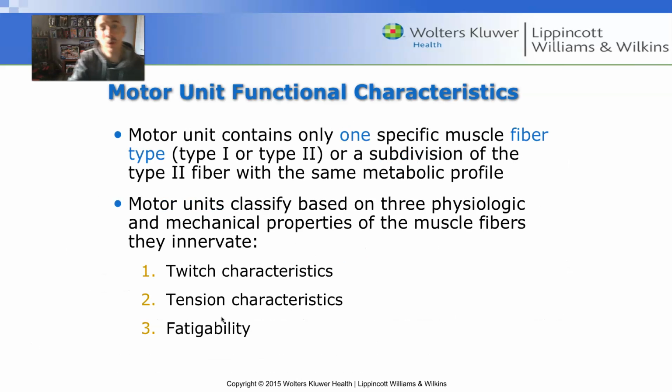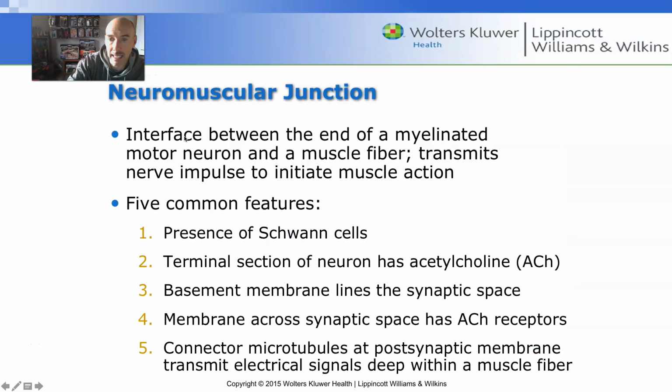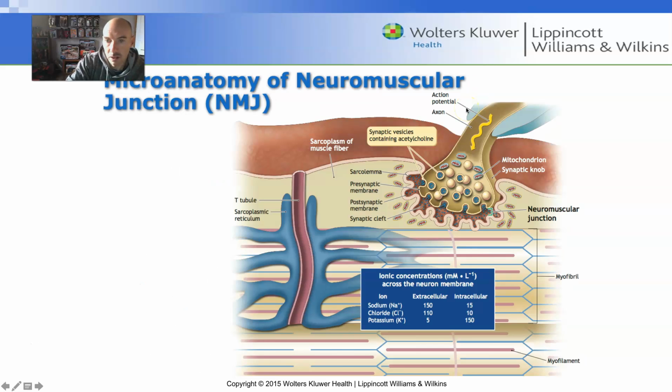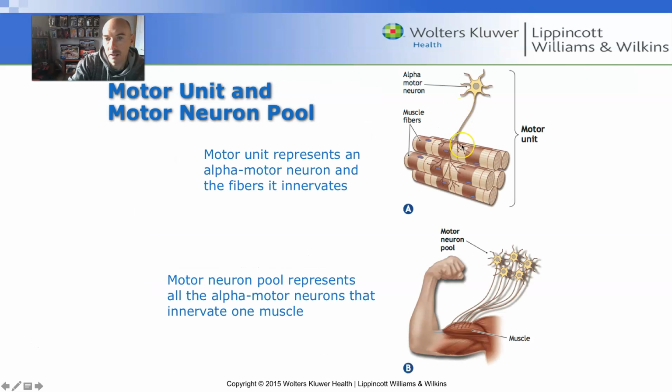Okay, so let's jump back to motor units. As I mentioned, there are a few different types of motor units. Motor units are basically going to contain only one specific muscle fiber type. So if we jump back to this slide, these would only be type 1 muscle fibers or type 2, but you can't have a mixture of 1 and 2.